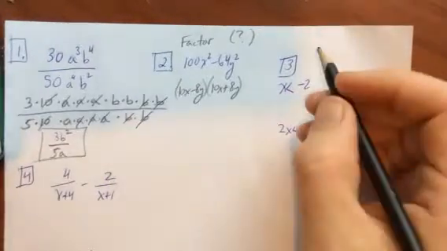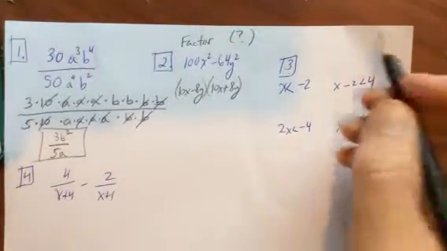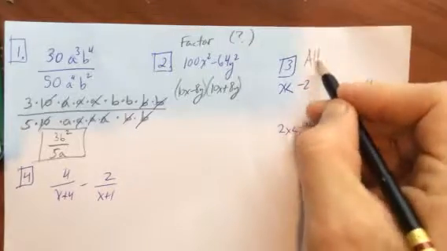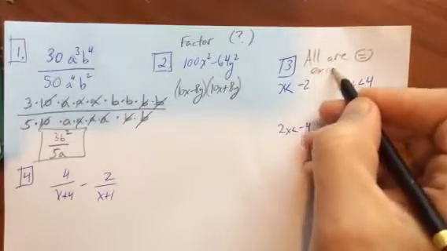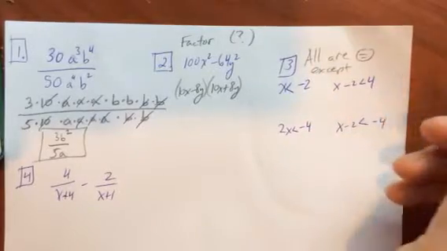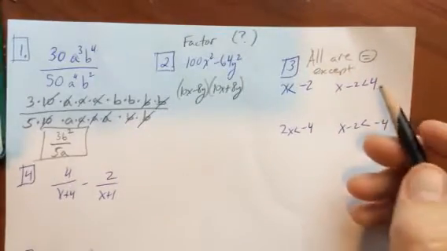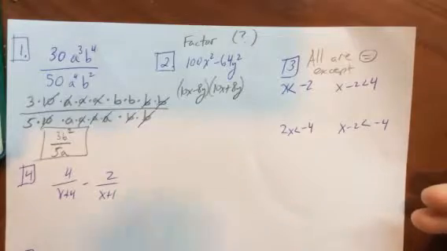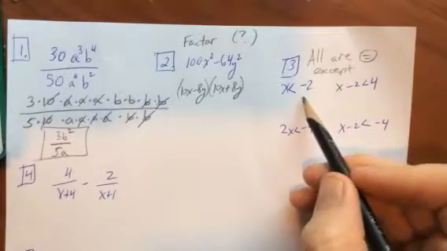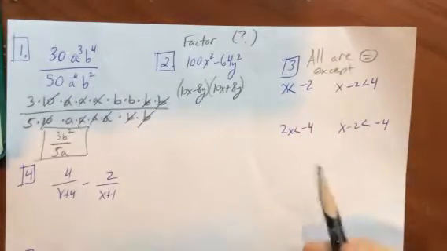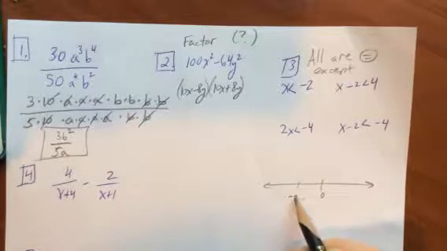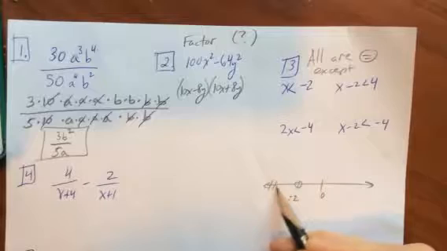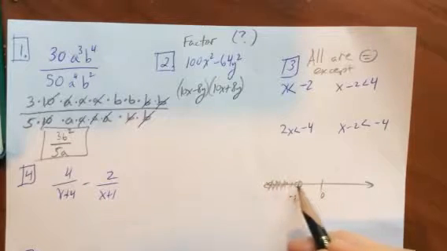Problem 3 is, I think the directions were all are equal except one. Alright, so clearly the first one says x is less than -2, so that means here's -2 and we want all numbers less than -2, so everything over here.